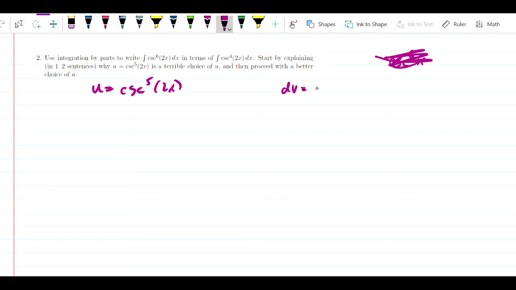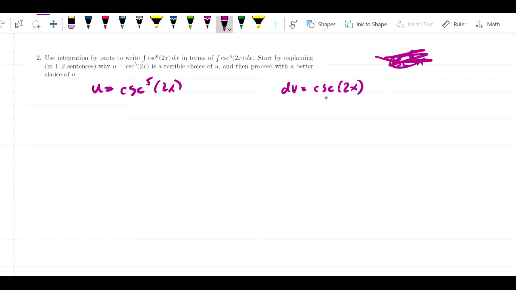I would have dv equal to cosecant 2x as the choice of dv. Now, it's not that there isn't a way to find the antiderivative of cosecant 2x. We could do it by the same technique that we used to find the antiderivative of secant.